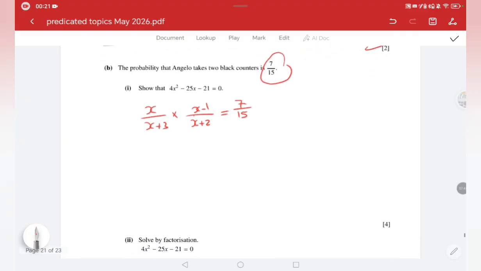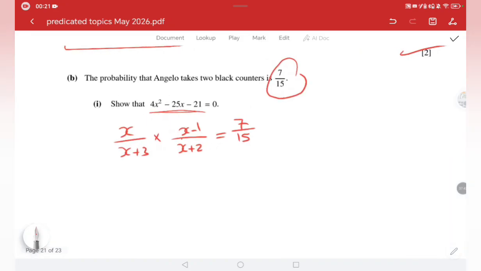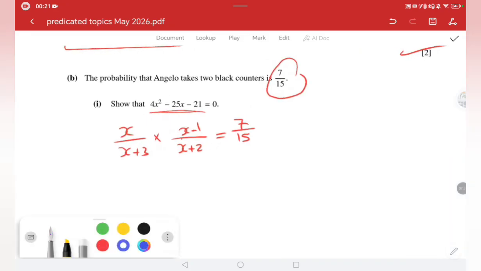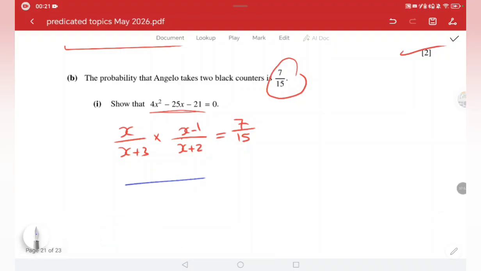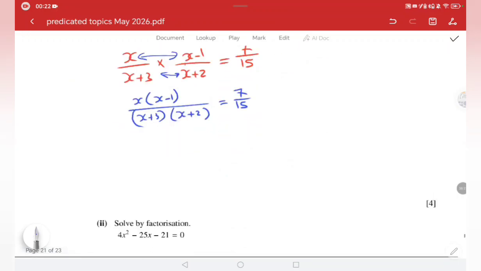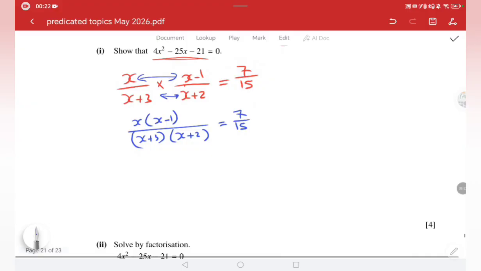Now, from this equation, we need to reach this one. Let's first expand. To expand, this is multiplication. So this one times this one, this one times this one. Take care. This is not an algebraic fraction. You will not cross multiply yet. So x over x plus 3 times x minus 1 over x plus 2 equals 7 over 15. I read your mind. I know that you'll make this mistake. So expand.